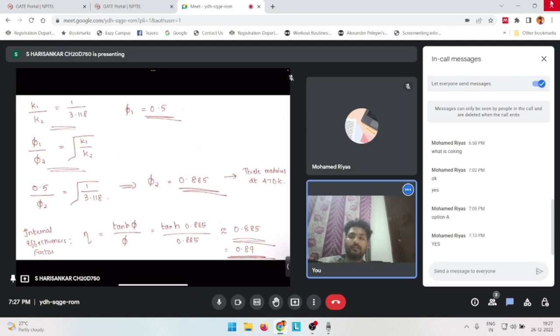And using this Thiele modulus value, we can find the internal effectiveness factor eta by using the formula eta is equal to tanh phi by phi, and tanh 0.885 by 0.885 will be approximately 0.885. After rounding off to two decimal places, this will be approximately 0.89. So that is the internal effectiveness factor for this scenario.